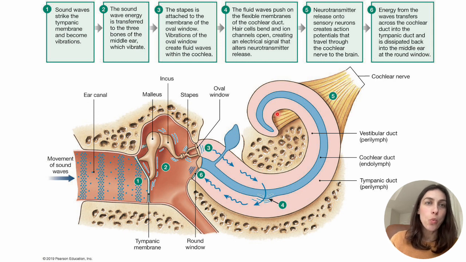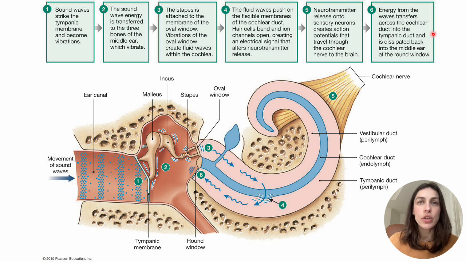The fluid waves push on the flexible membrane of the cochlear duct. And the hair cells bend and ion channels open, creating an electrical signal that alters neurotransmitter release. Neurotransmitter or transmitter, depending on how strict we want to be with our terminology. This transmitter or neurotransmitter is released onto sensory neurons and creates action potentials that travel through the cochlear nerve to the brain.